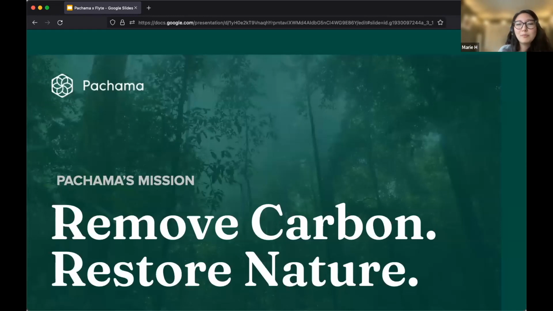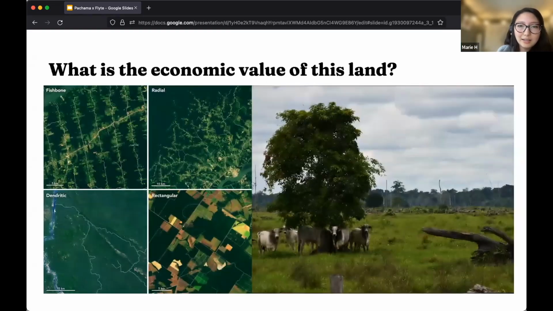So the core of Pachama's mission is to remove carbon from the atmosphere and to restore nature. And that's a big, lofty goal. So how do we get there as a business? And our answer for that is forest carbon credits.